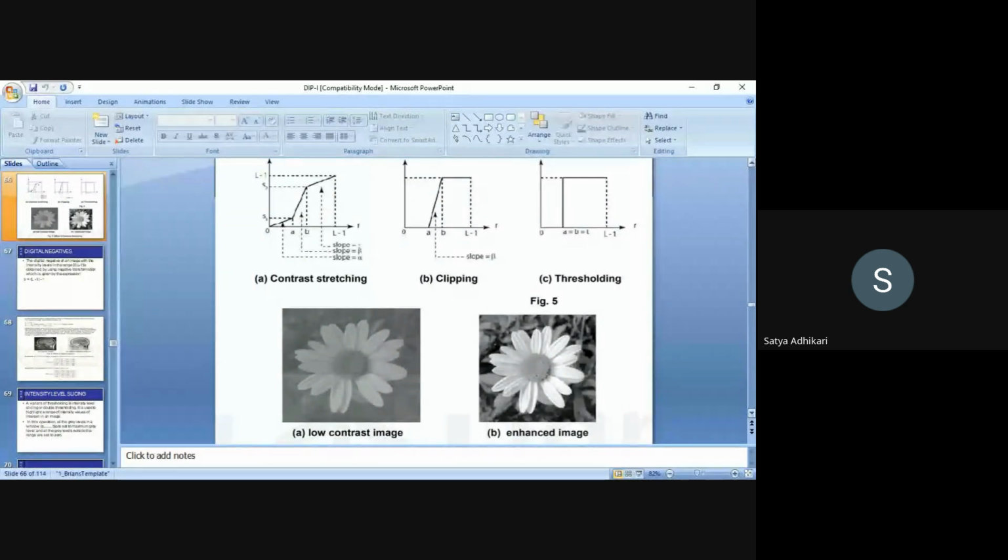Similarly, clipping. In clipping, you have to take a middle value. You see here, the contrast stretching, the slope here is greater than 1. Contrast stretching means the quality is enhanced.